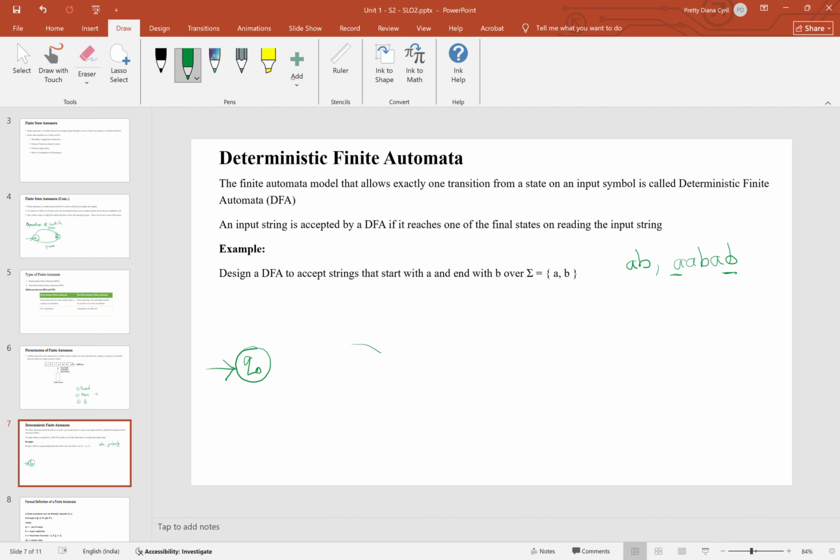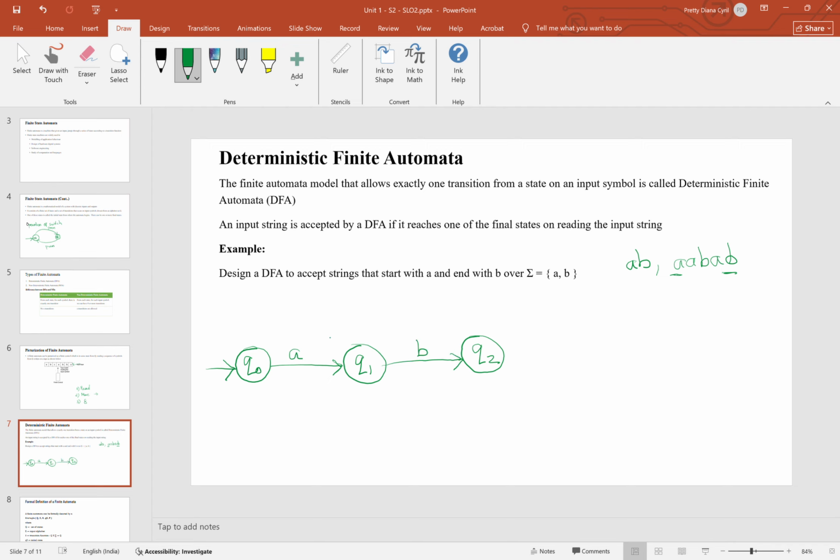So from the initial state to the next state Q1, we give the transition for the input symbol A. The final state is Q2. What should be the last symbol? B, since it starts with A and ends with B.